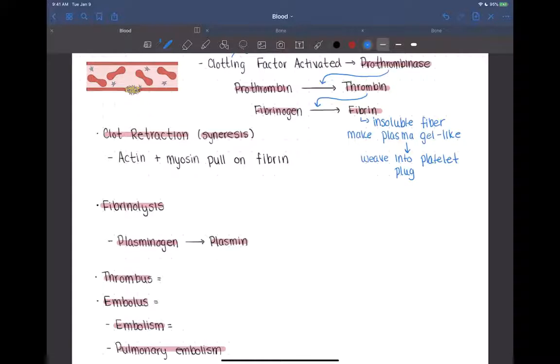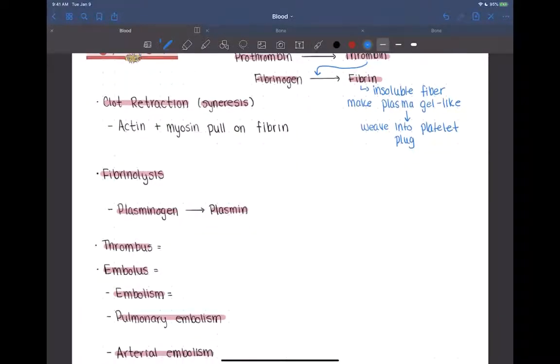And so one thing that happens with that permanent clot is it's called clot retraction or syneresis, okay? And you learned about actin and myosin with muscle contraction, there are actually actin and myosin proteins in this clot, and they're going to start kind of grabbing those fibrin fibers. They're like long threads, and they're going to start pulling them together.